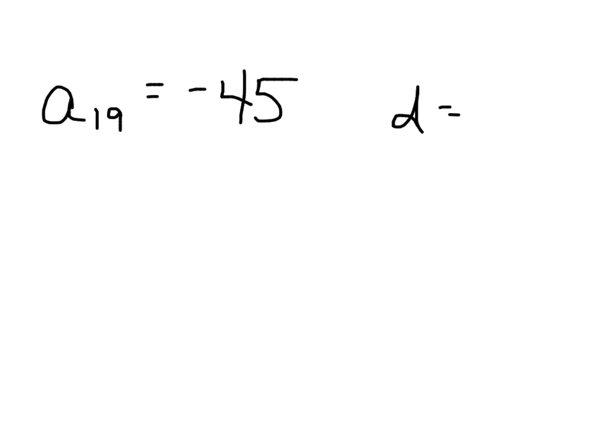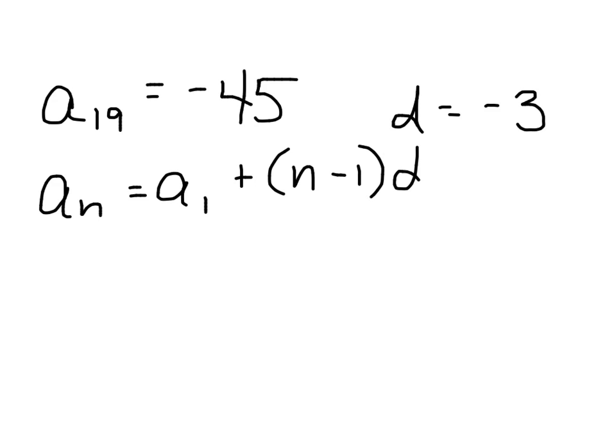Now, the next type that they're going to give you is something like this. They're going to give you that the 19th term is negative 45, and the common difference is negative 3. What's the rule? What's the main equation? So what we're going to do is plug in what we know and see what we can get.